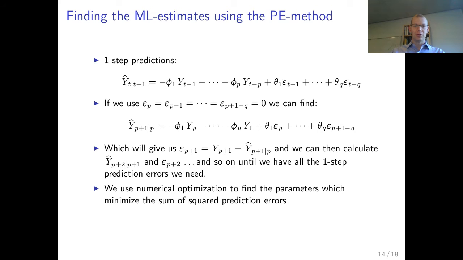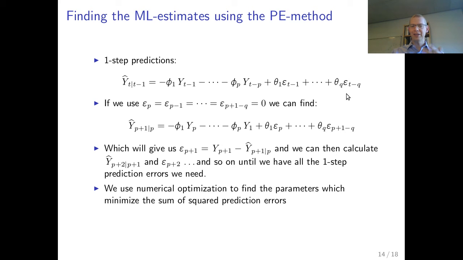Now, if we want to find the maximum likelihood estimates using prediction errors, as in one-step predictions, we need to make these predictions. For given parameter values, we can do this, but we need to look at the epsilons out here. How do we deal with those?